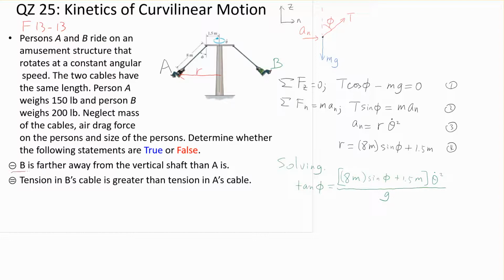So this first statement, B is farther away from the vertical shaft than A is, is a false statement. Both of them should have the same distance from the shaft of rotation.